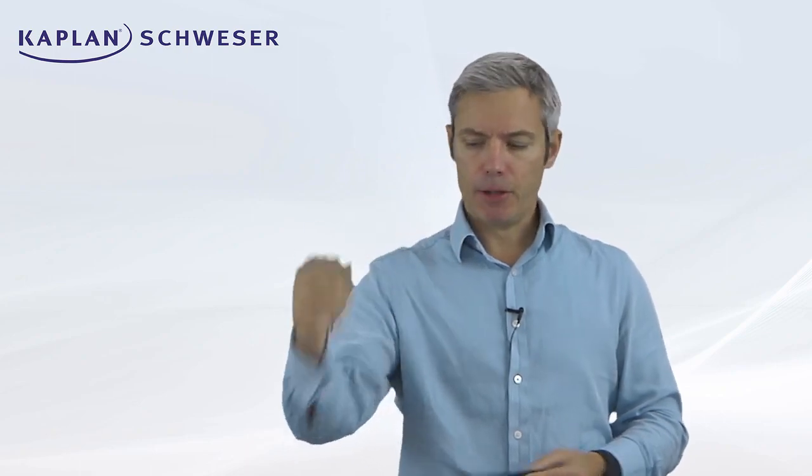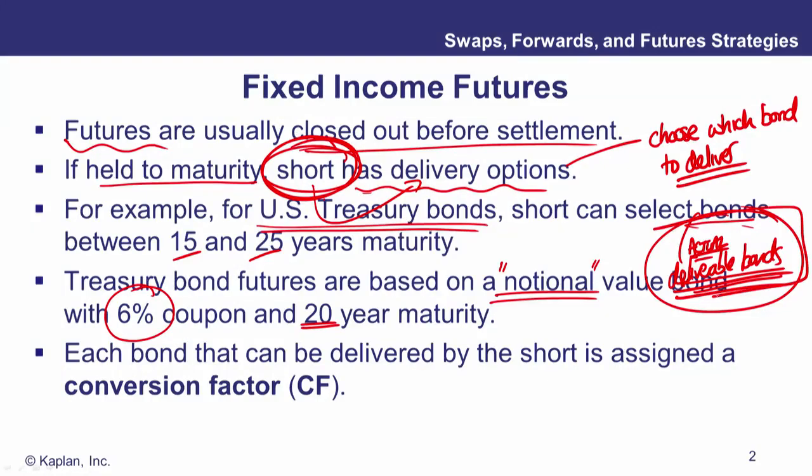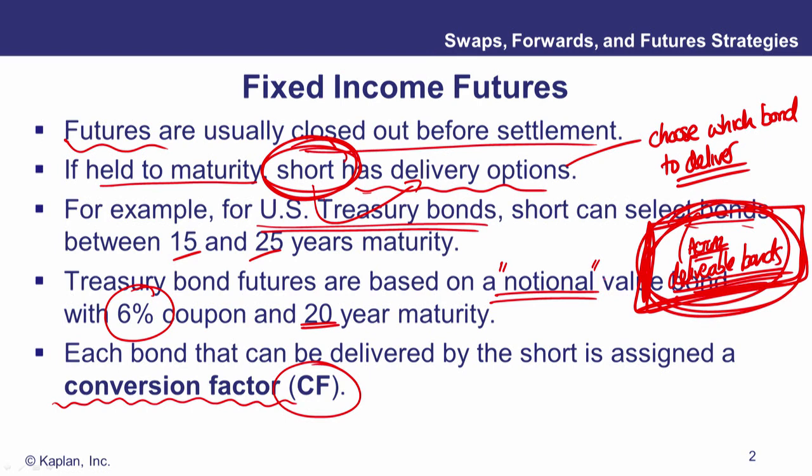Now, this whole idea that there is a basket of deliverable bonds underlying the contract gives rise to the idea of a conversion factor, which is specified by the exchange that is listing the futures contract. In short, this conversion factor will reflect how valuable an actual deliverable bond is versus the notional bond that underlies the contract.